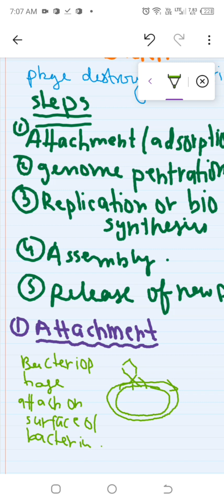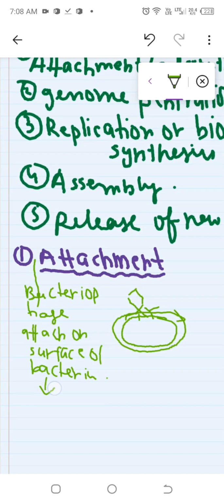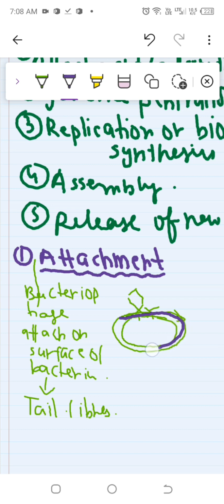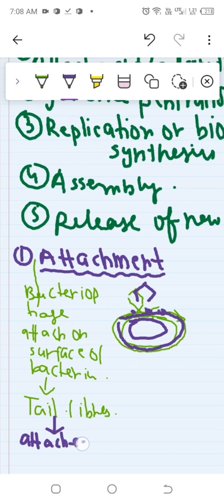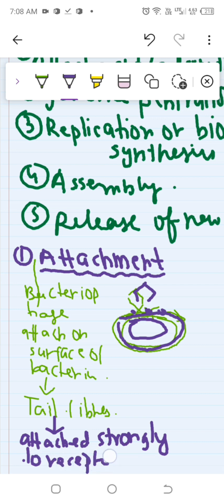The bacteriophage attaches with the help of its tail fibers. The tail fibers provide strong attachment to the bacterial receptor sites on the bacterial cell wall, because they contain receptor binding proteins.